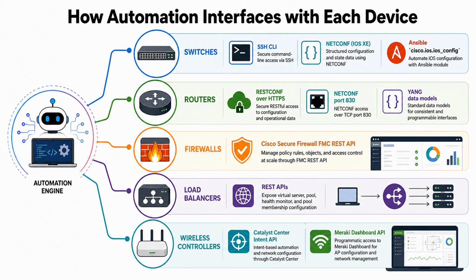Firewalls are managed at scale through the FMC REST API. Rather than SSHing into each individual firewall chassis and manually editing ACL lines, you make REST calls to the Firewall Management Center, and it compiles the policy and pushes it to all managed devices simultaneously.